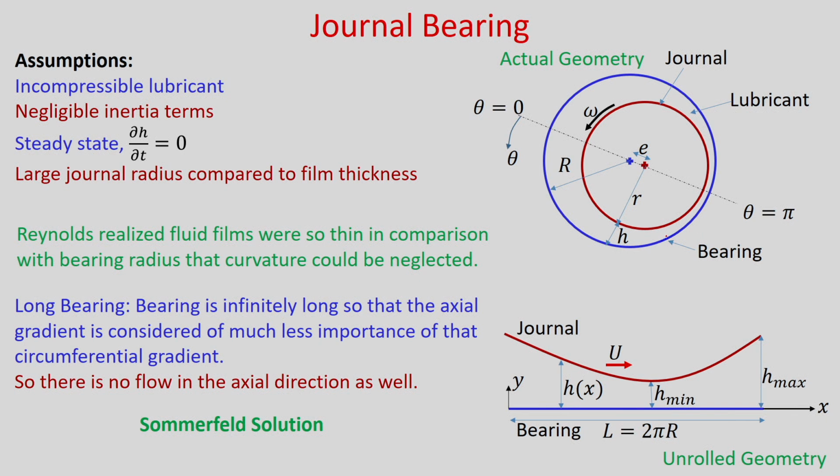So first let us consider this hydrodynamic analysis of this journal bearing. So you can see that this is the bearing, which is also known as bushing, and this is the journal, which is also known as shaft, and in between we have the lubricant.